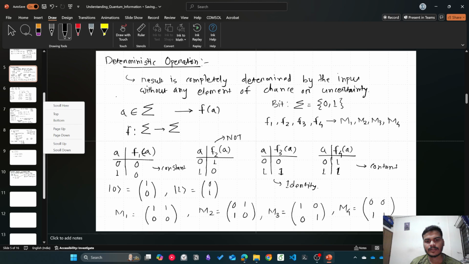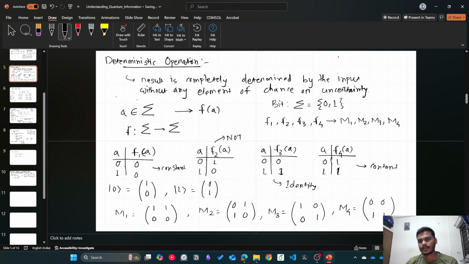So what are the properties of this deterministic matrix? Again, each column should have at least one 1. That's it.